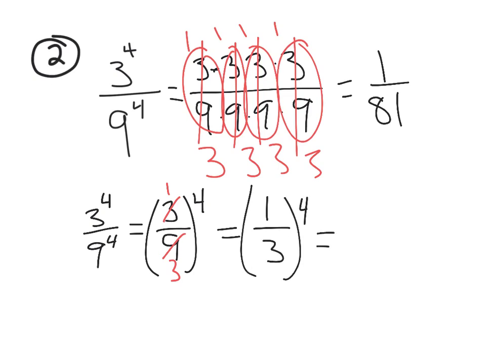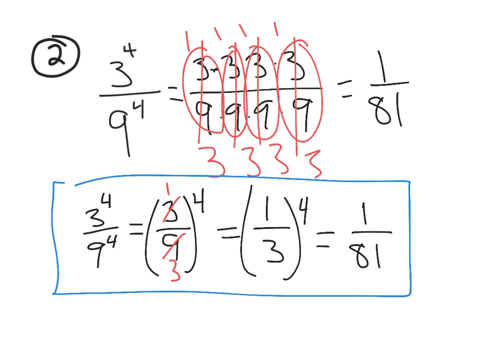And again, if we do that in our calculator, 1 to the fourth power over 3 to the fourth power, okay? So either way is good. I think, just guessing, this is a little bit easier. If I lost you, you can always pause the video and go back and hopefully you can figure it out.